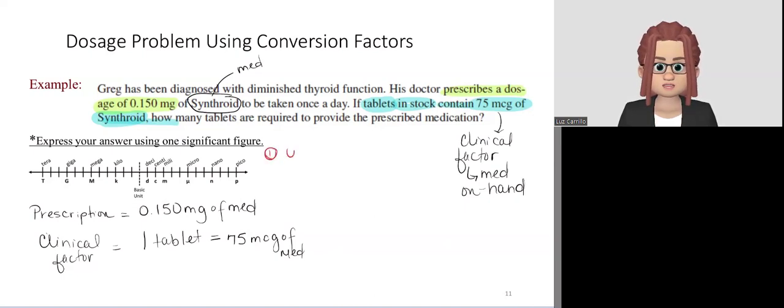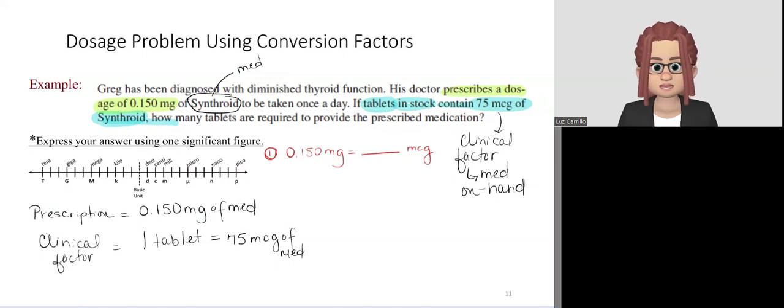is to convert 0.150 milligrams and convert it to the unit of microgram. Because we have prefixes, milli and micro, this is a metric to metric conversion.